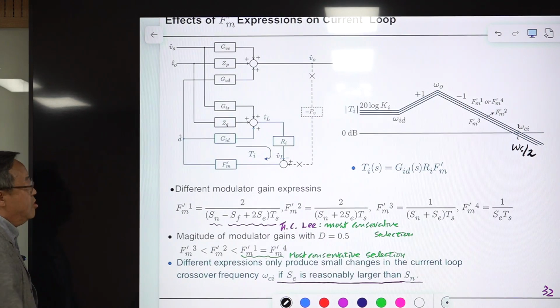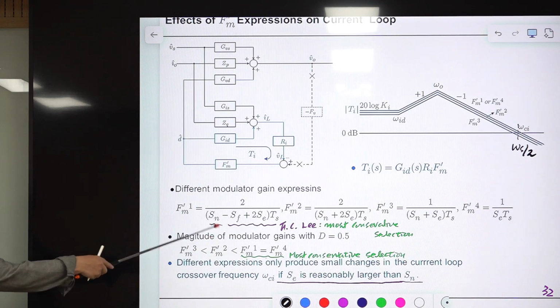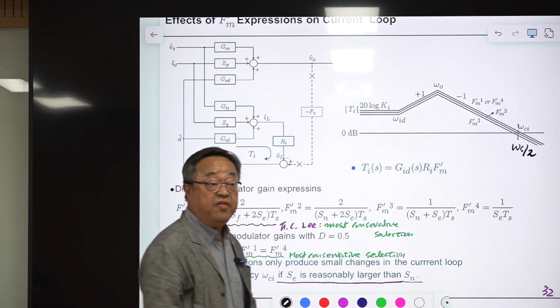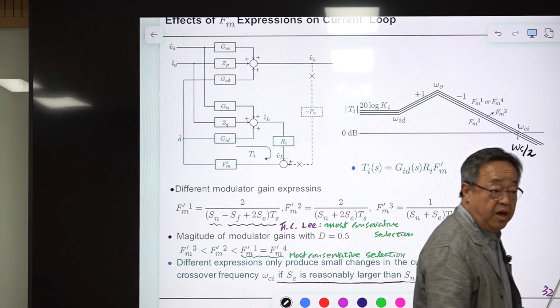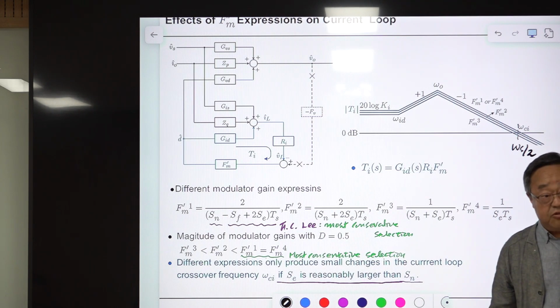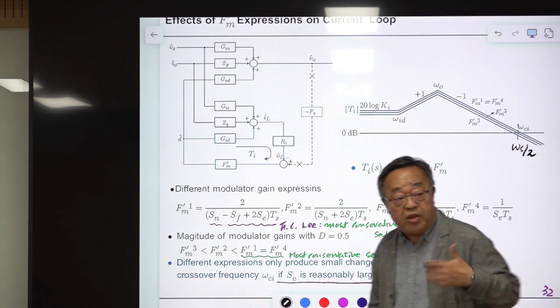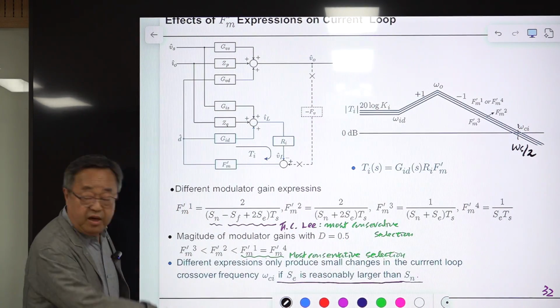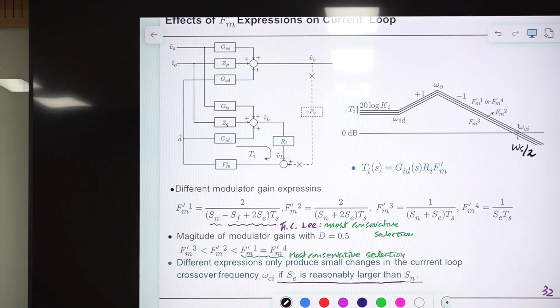People claimed different expressions for this modulator gain, but the difference doesn't affect the design result that much. As you will see later, the difference here does not affect the voltage loop design at all. So arguing the correctness of this or that is unnecessary; basically use this. Any one can be used, but this one is the best one to be used here. I explained the reasons here.